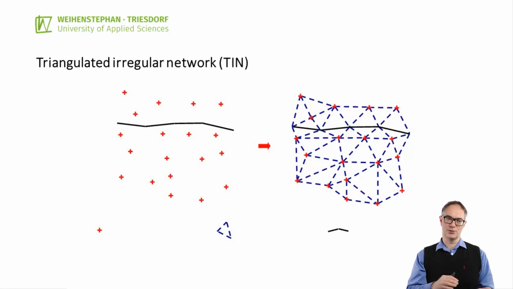What's the best way to approximate an uneven surface? You're draping a net over this surface. And that's what we are doing here in the computer. We are draping our little mathematical fisher net over the uneven surface.